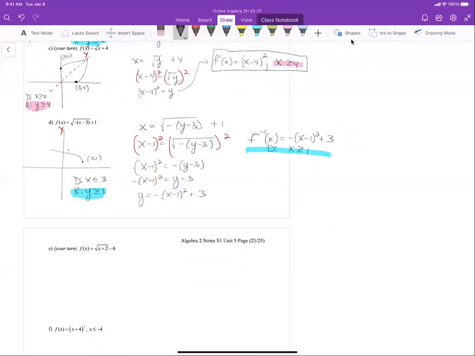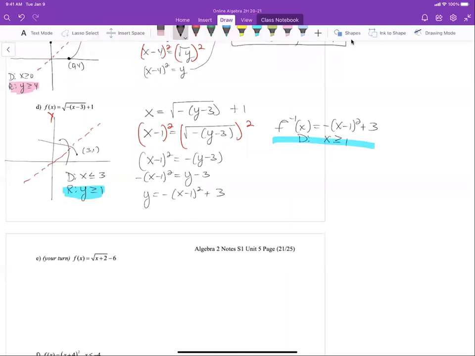So I'm only graphing that part of the parabola. And sure enough, it is a reflection across my y equals x line. And that data point that I started at was 1, 3. That part of this example is not required. I'm just showing you what it looks like graphically. This was my answer.